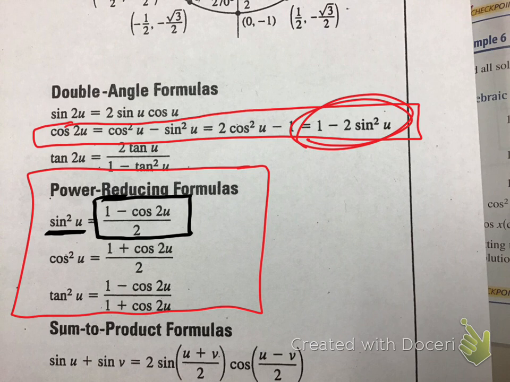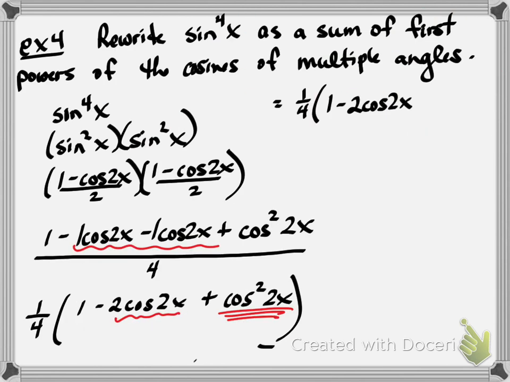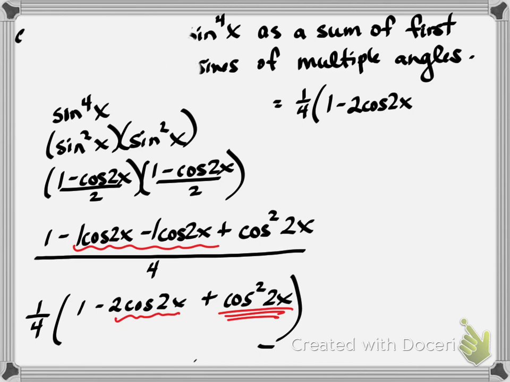Cosine squared u is 1 plus cosine 2u over 2. So that's the formula we're going to use. And our u is 2x.